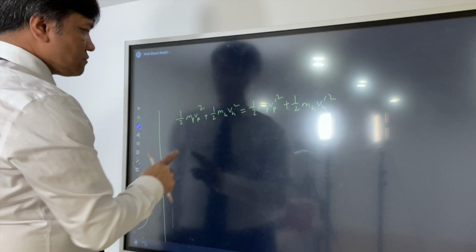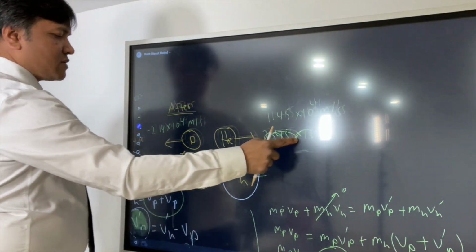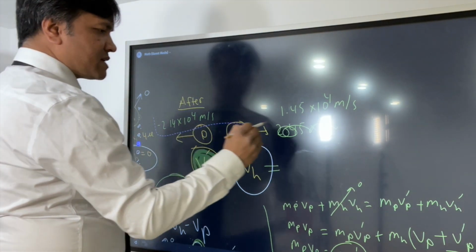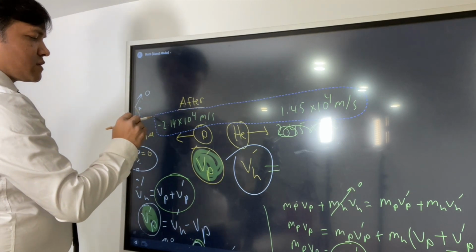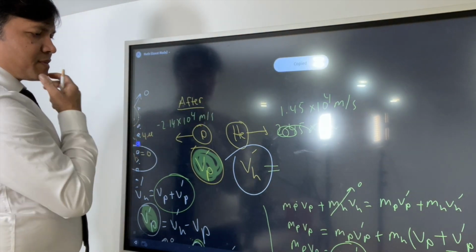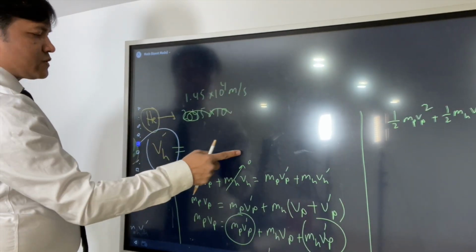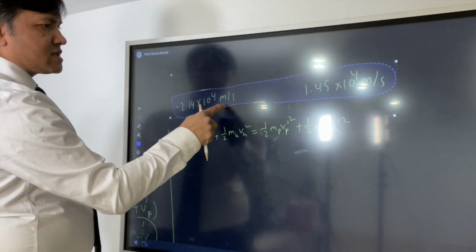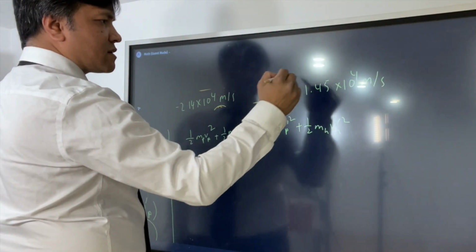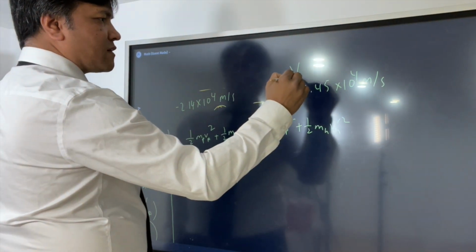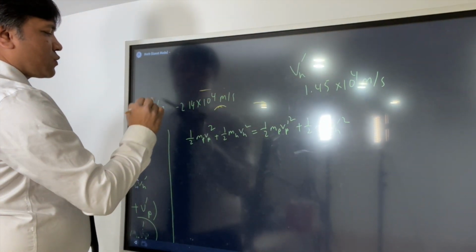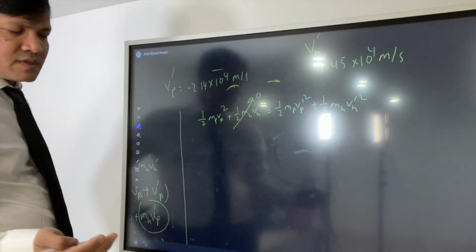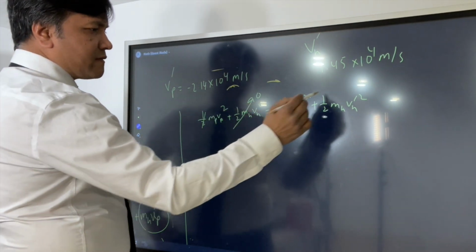Now remember the velocities, bring those velocities over here. I'm going to copy paste these two velocities because they are important. So helium is the positive one. This is the velocity of helium, this is the velocity of proton. Now this term is 0 because of course helium was at rest, and the halves cancel.